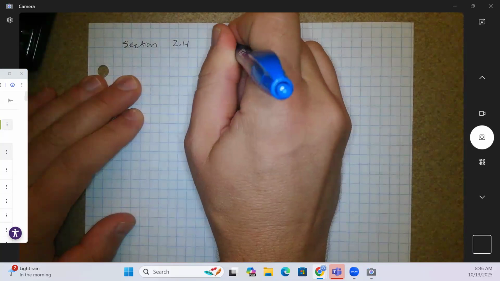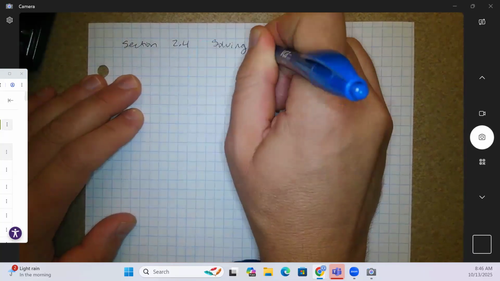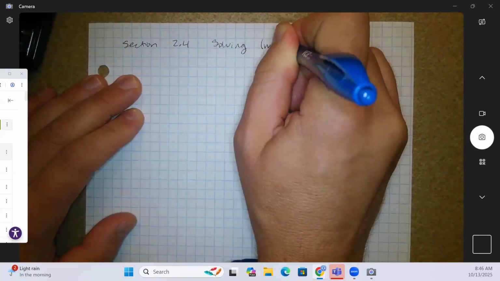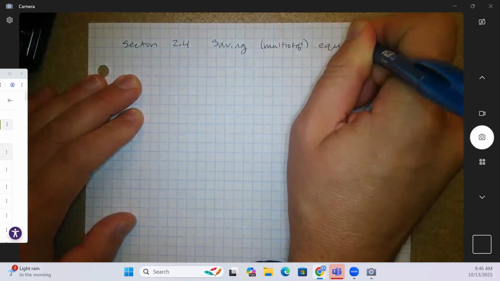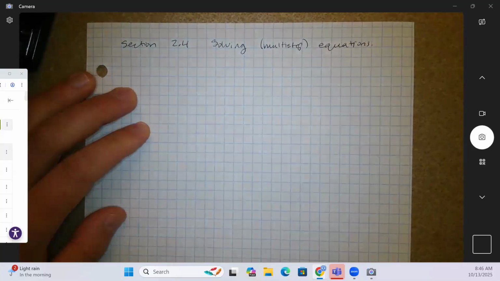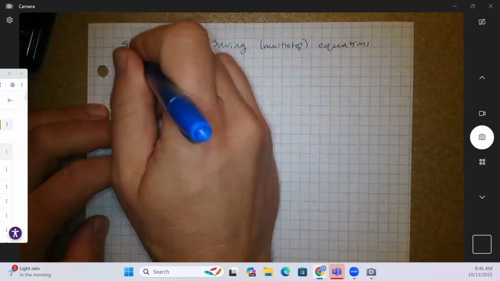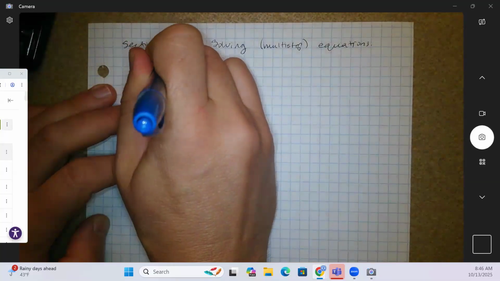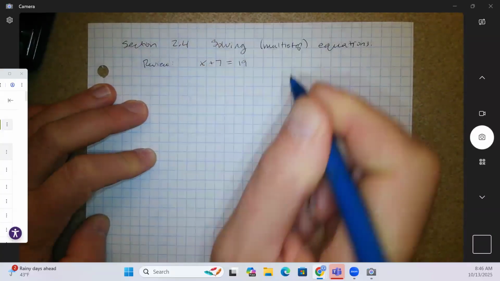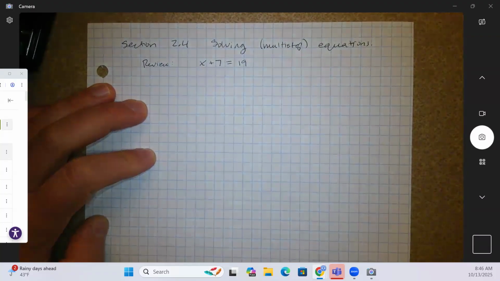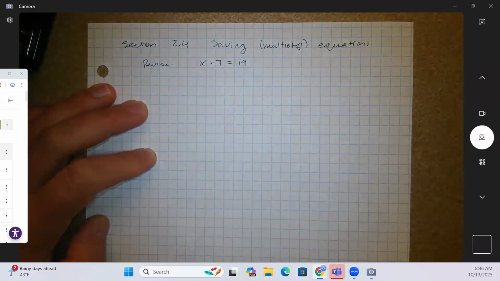Solving multi-step equations. We've solved a couple of equations so far. We've solved them with just an addition.